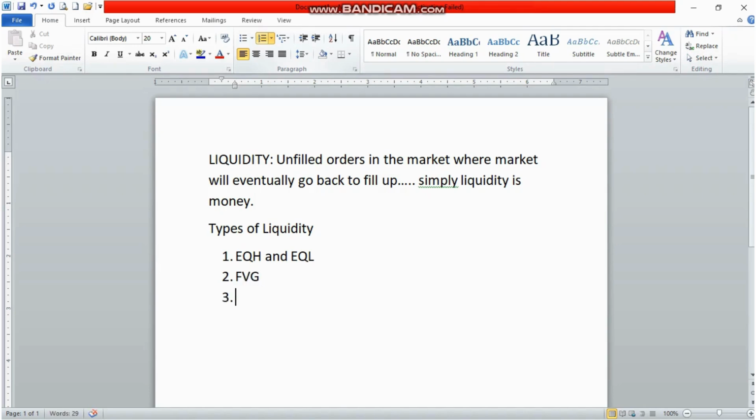We have the fail to break liquidity. We have the fail to close liquidity. Equal high and equal low can also be swing high and swing low, right? The fair value gaps, which is the FVG, the fail to break and the fail to close. We also have the trend line liquidity.